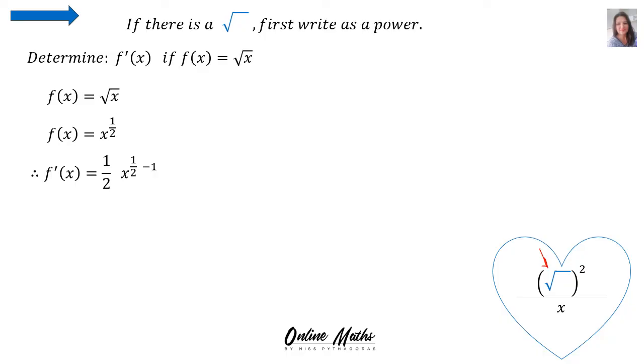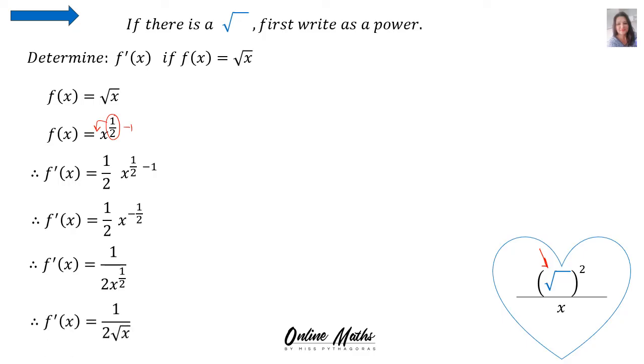So what I did was I took the half, the exponent, to the front, half x, and then on the x I subtracted 1. X to the half minus 1 is x to the minus a half. And then if you want to write your answer with positive exponents, you can take the x to the half to the bottom, to the denominator, and it becomes x to the positive a half. And then anything to the half is the same as 1 over 2 root x.